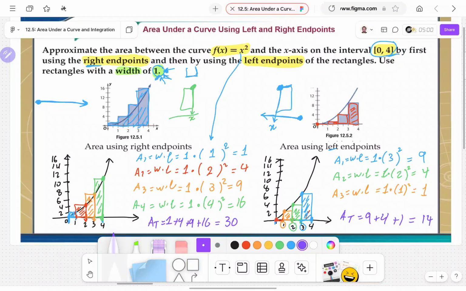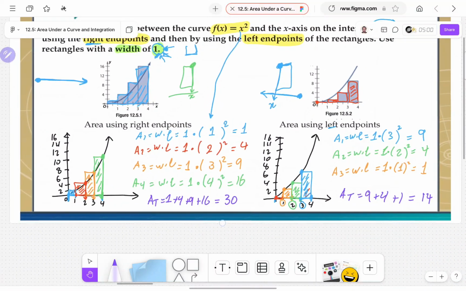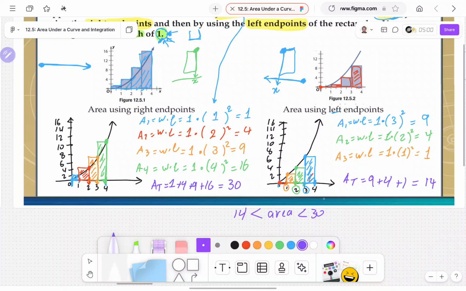Now as you can see, I have the area 30 and I have the area 14. So the actual area for the graph will be between 14 and 30, so 14 is less than the area, which is less than 30. So I will just find the average, which is the middle one.